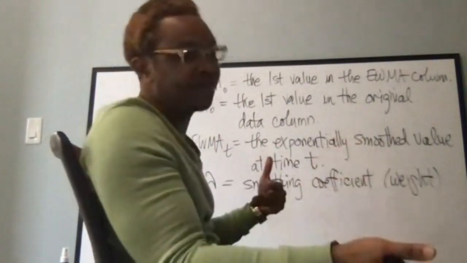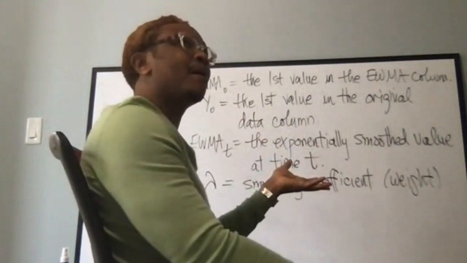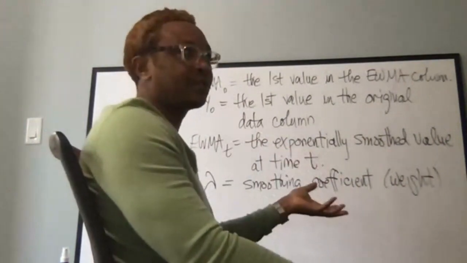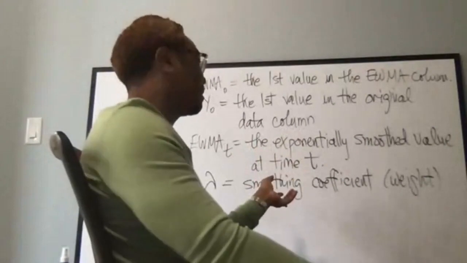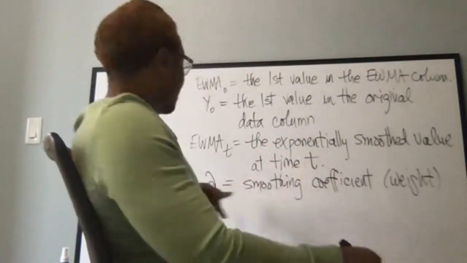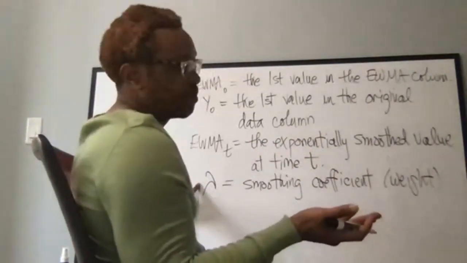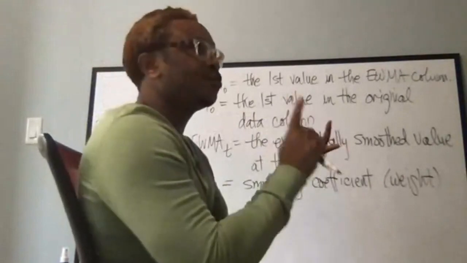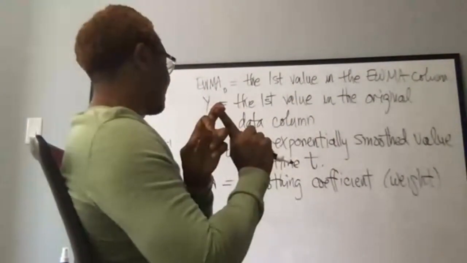In EWMA, it's all the time going to be given as a decimal. So don't worry about, oh my God, what is lambda? It's just going to be the decimal that I give you for the problem. It's like me giving you the 1/2, the 1/3, or the 1/6. Okay, and so we're going to see how this looks here.